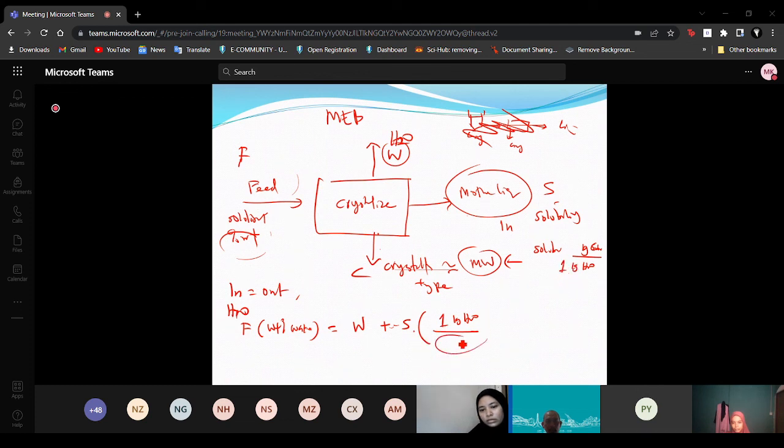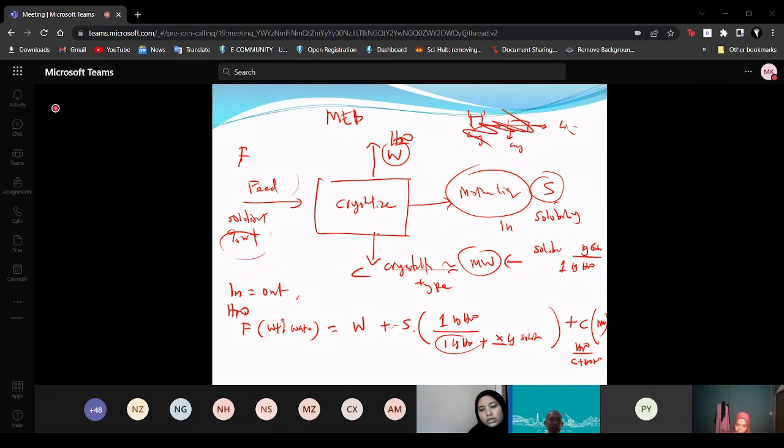So the total solution is basically 1 kilo of water plus X kilo of solute. Then you get the mass of water plus, in this solution, the crystal times the molecular weight of H2O, divided by the total molecular weight, meaning the molecular weight of the crystal plus H2O. Okay, later we will look at an example so you can see it.